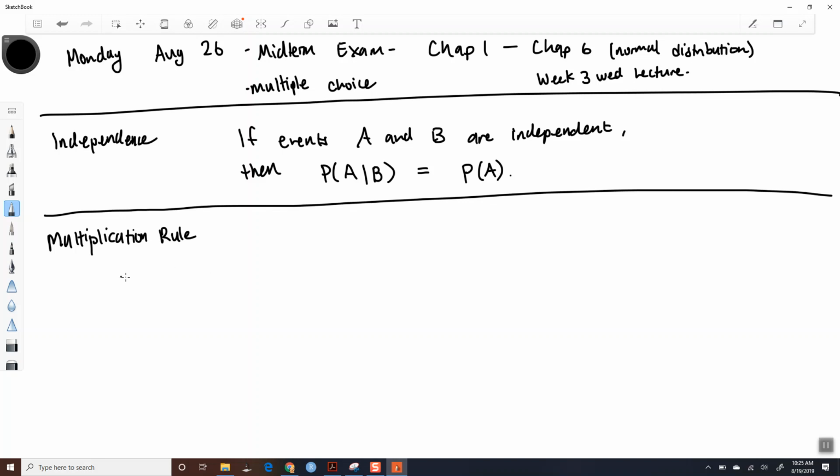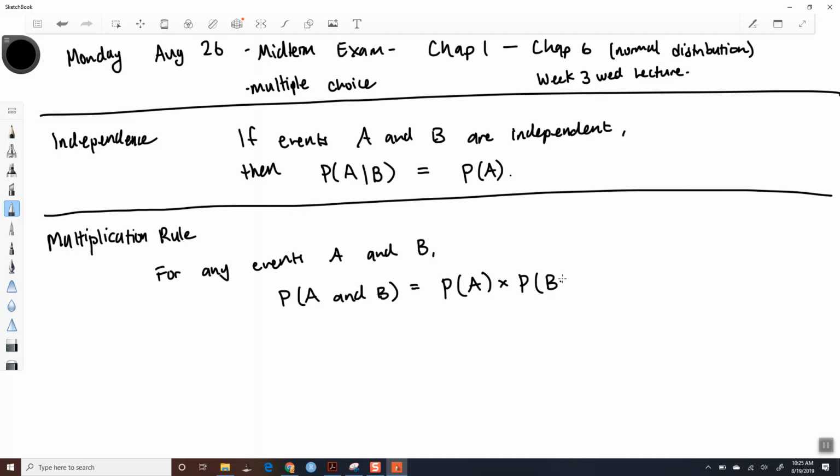It says that for any events, the probability of A and B is equal to the probability of A times the probability of B given A.